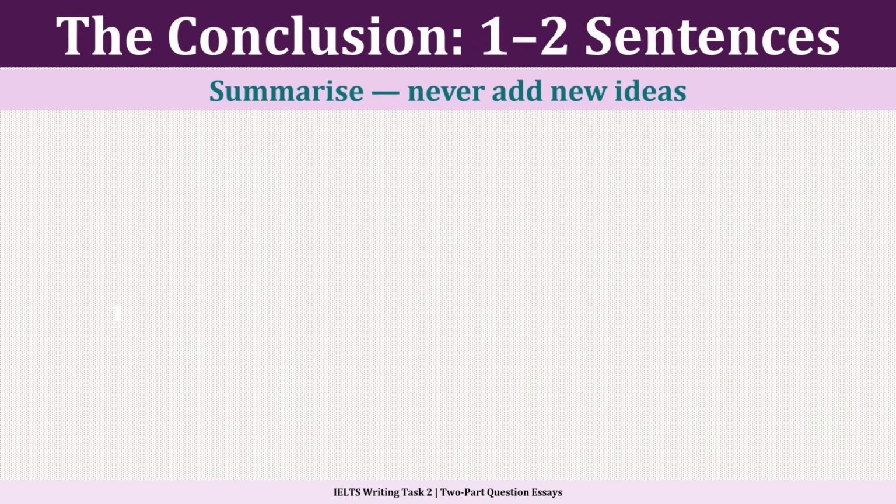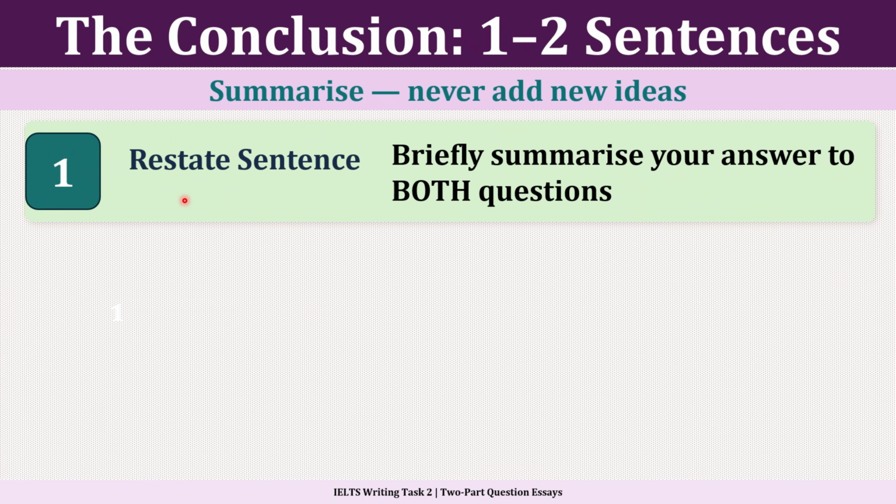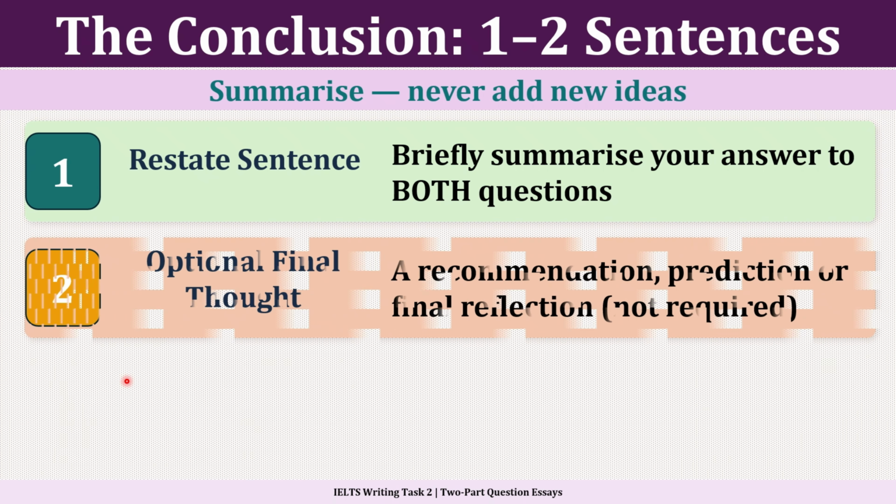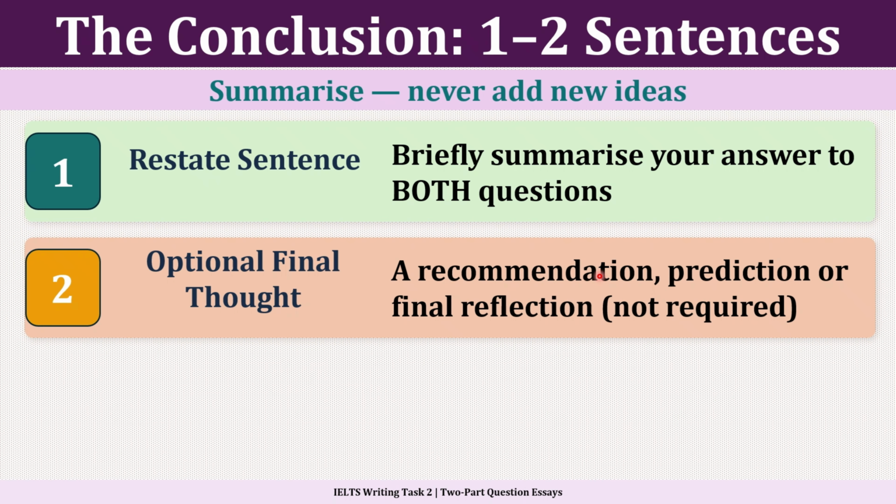Now let's move on to the conclusion. Like the introduction, it should be brief, usually just 1 or 2 sentences. The essential part is the restatement sentence, where you briefly summarize your answers to both questions. You may also add a brief closing thought, such as a short recommendation, a prediction, or a final reflection, but it's entirely optional.